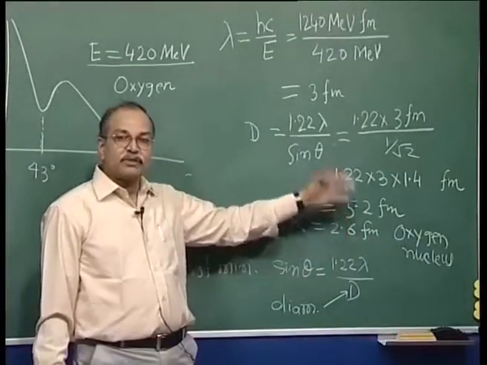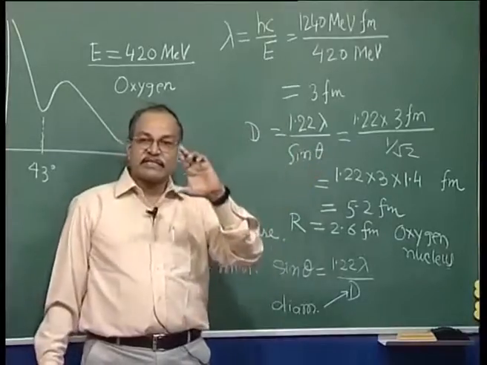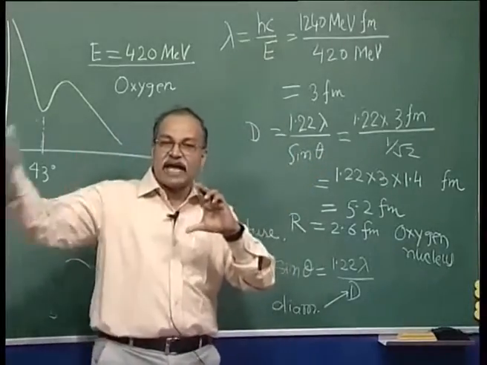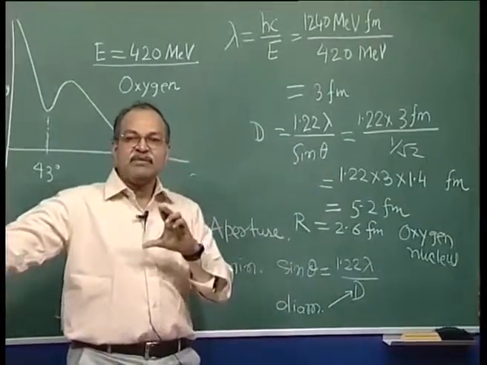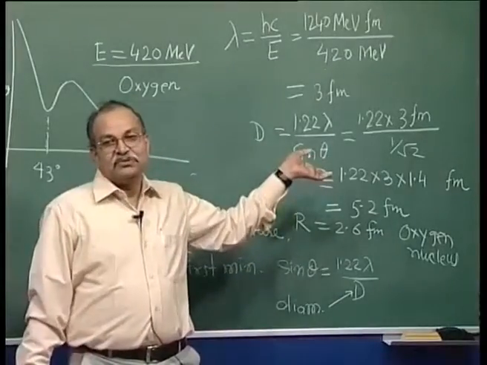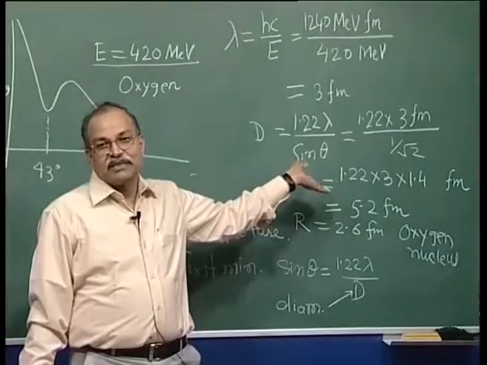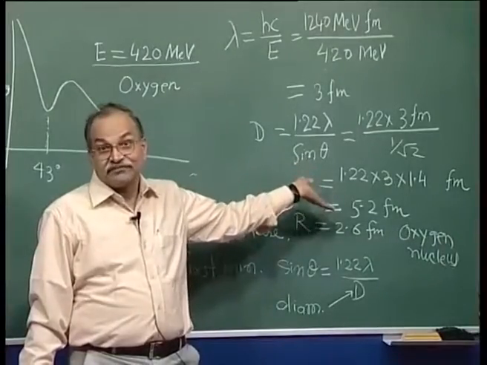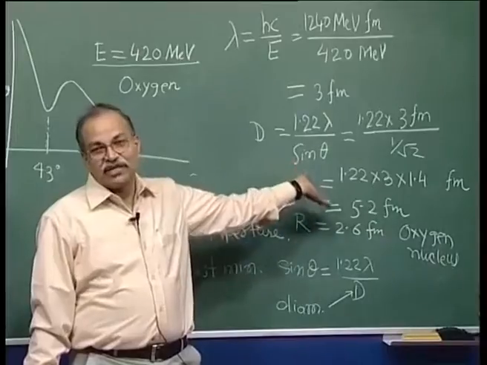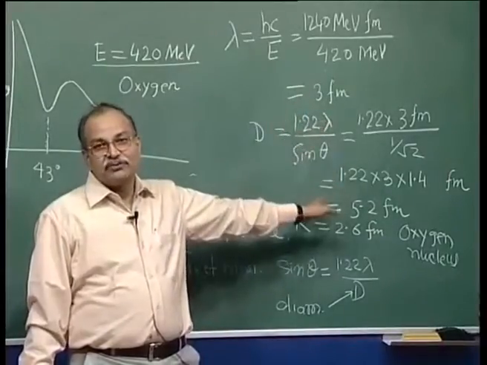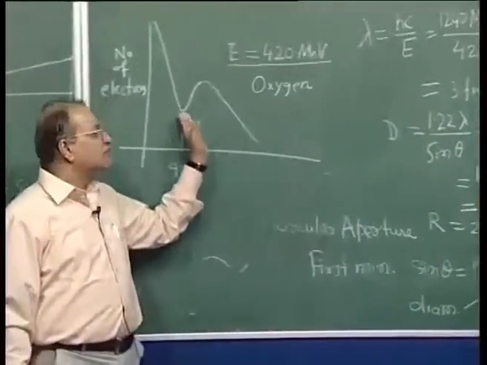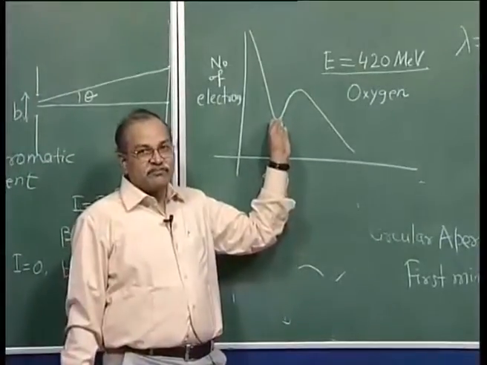So, you can put that 5 femtometers as the slit width and look for the angle at which you will get the second minimum, and you will find that no, you do not have any angle for which this will give you 0 again. If you calculate, sin theta will come out more than 1, and from there you know that you should get only one minimum, and you do get only one minimum.